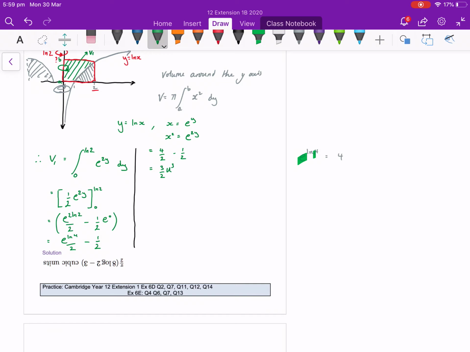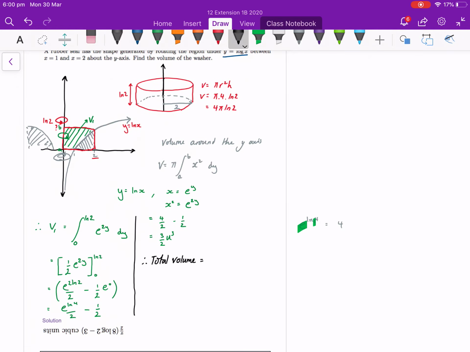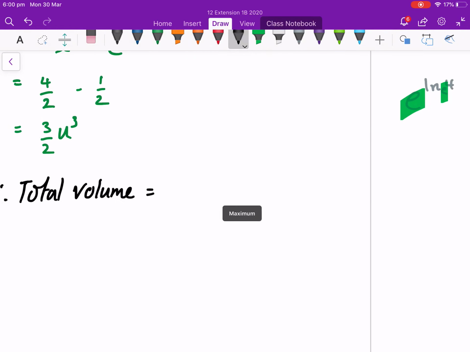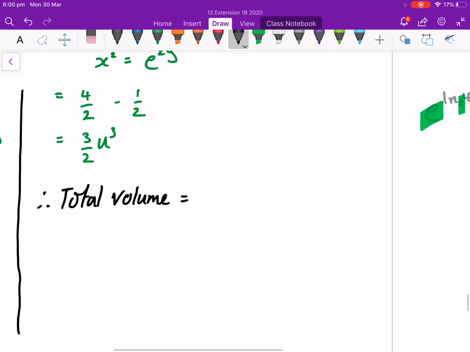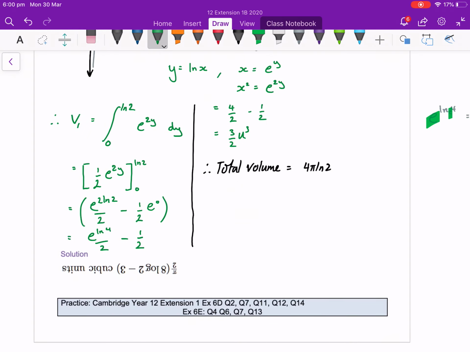And then we can say, therefore, the total volume is equal to, as we said, the volume of the cylinder, so 4 pi ln2. And notice there's one obvious mistake that we've made all the way through here, and that is the pi out the front.